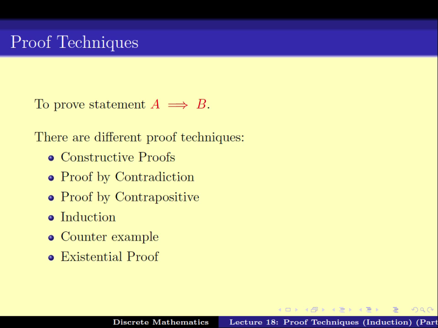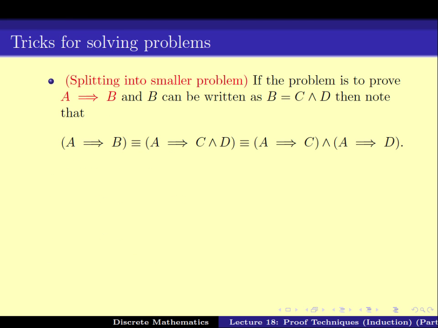So we started our whole study of proof techniques by looking at how to split a problem into smaller parts. We took the help of propositional logic to prove that for certain cases, splitting up the problem into smaller parts can be possible. One of them is the case when you have to prove A implies B, and B is written as C and D. In that case, we can split up the problem into two smaller parts.